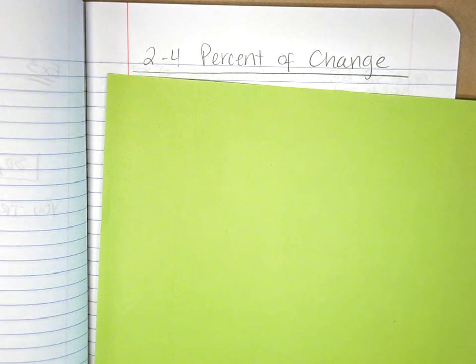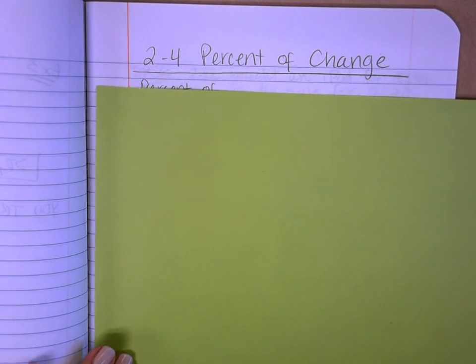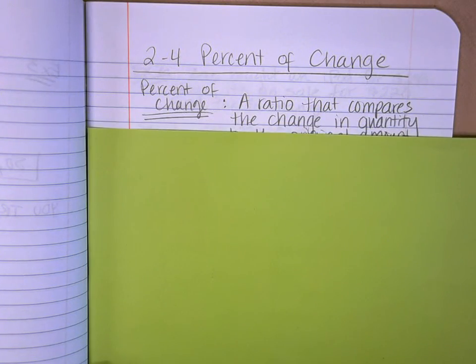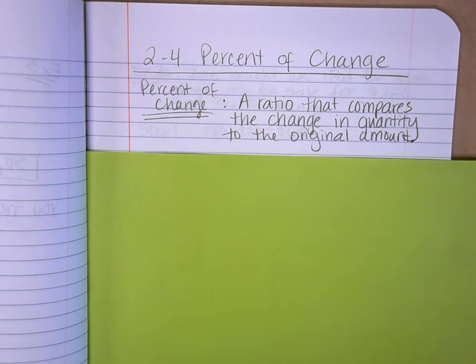So today we're doing 2-4, percent of change. Here's the definition of percent of change. Percent of change is a ratio that compares the change in quantity to the original amount.